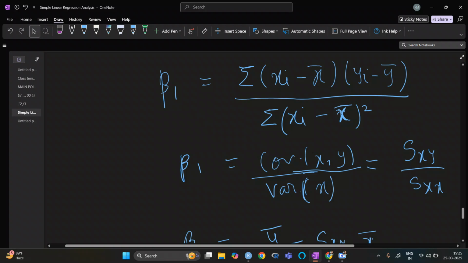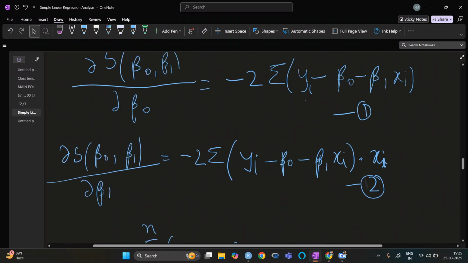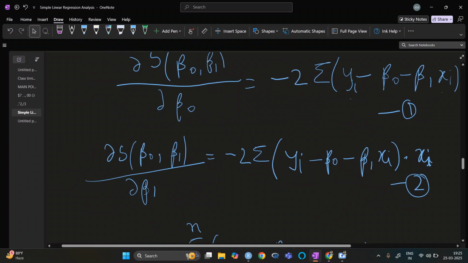Now we need to do the second one. If I do del 2S by del beta 2 squared and take the second derivative of it, this one will be minus 2, and this one will be minus 2 summation of xi.